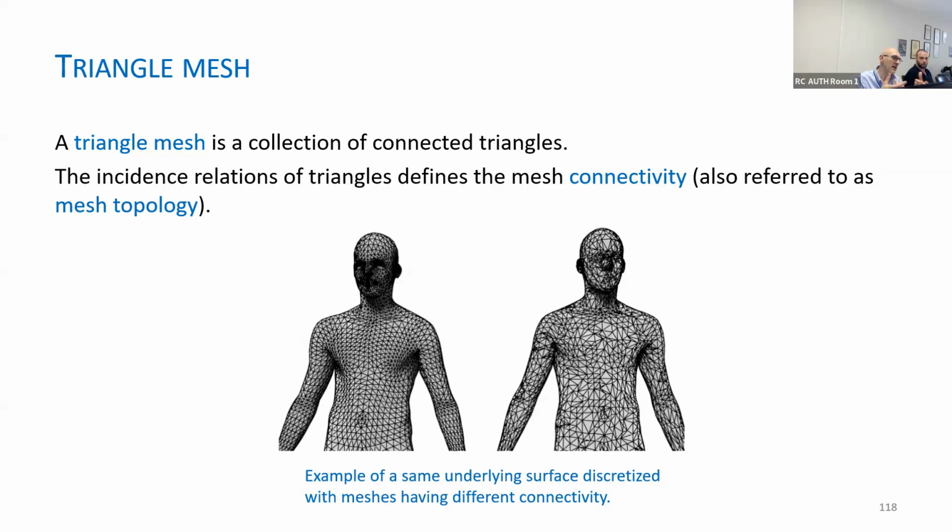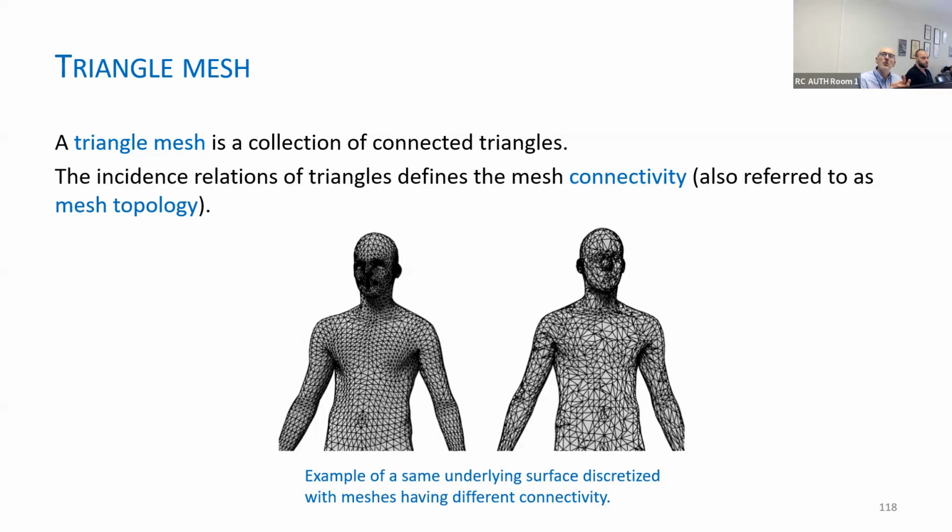Triangles, because of course it's the simplest planar geometric shape that we can use, but we can also have meshes that are made of, for example, quads, not triangles. And so also in this case, you see at the end, it can be regarded as a sort of graph. So we have a connection between the vertices, which are the points on the three corners of the triangles.